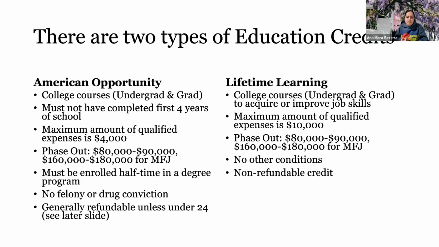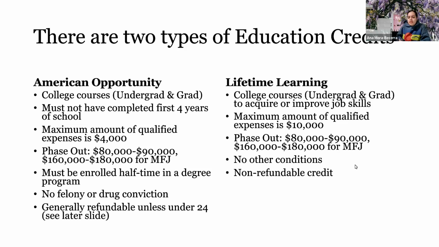You would have a maximum amount of qualified expenses of 4,000, and there is an income limit for the credit. You also need to be enrolled at least half-time. This one's very specific in that you can't have a felony or drug conviction. And it's generally refundable under the age of 24.